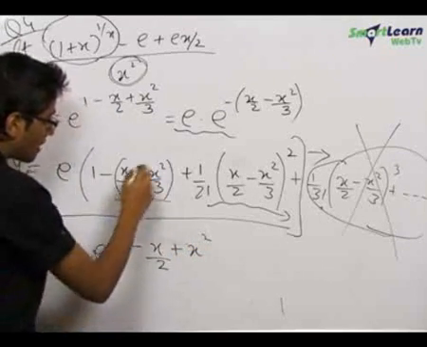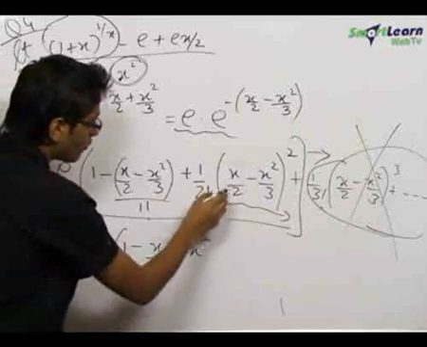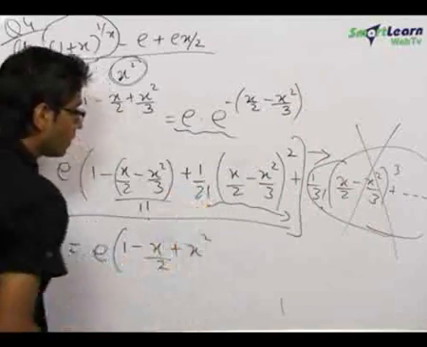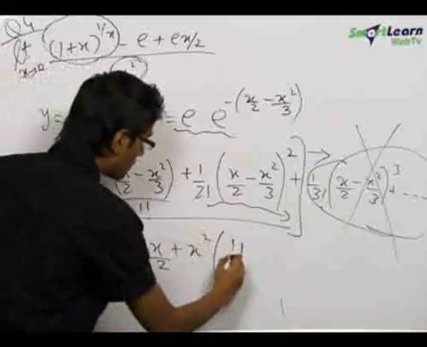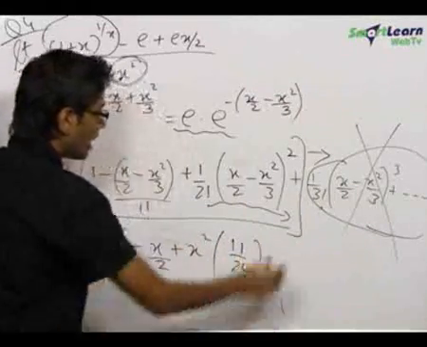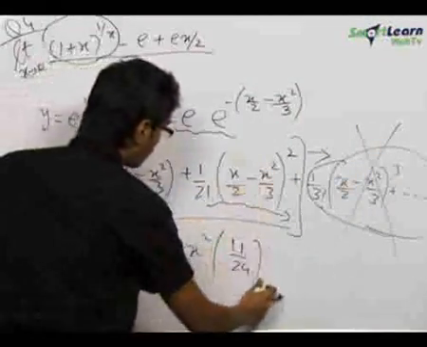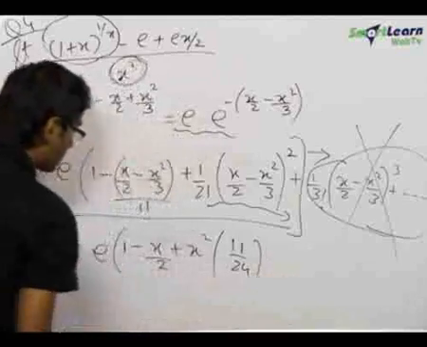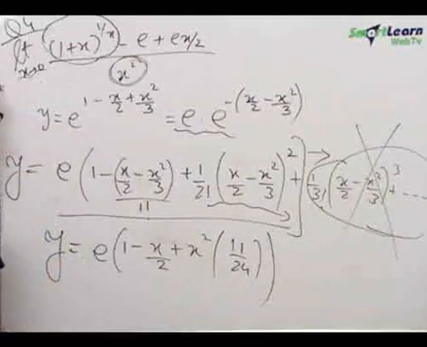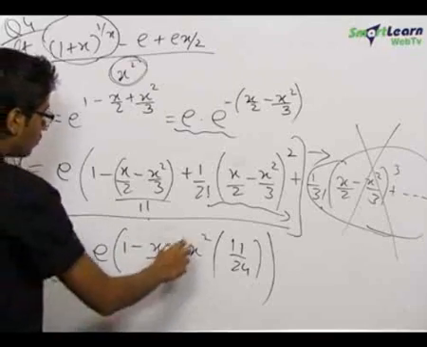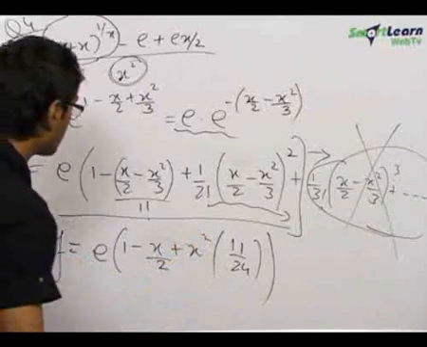Now here it is 1 by 3, and here we will get 1 by 4 into 1 by 2, which is equal to 1 by 8. So we get x square into 1 by 3 plus 1 by 8, which is 11 by 24. And the rest are cubic and power 4 terms, which are useless for us. So we get y equals e into 1 minus x by 2 plus x square into 11 by 24.